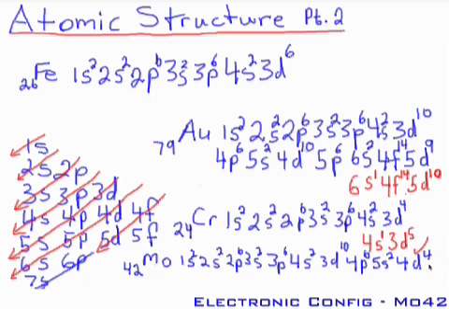I could get a half-filled shell by promoting an electron from the 5s. So should it be 5s1, 4d5? Does molybdenum do this promotion?